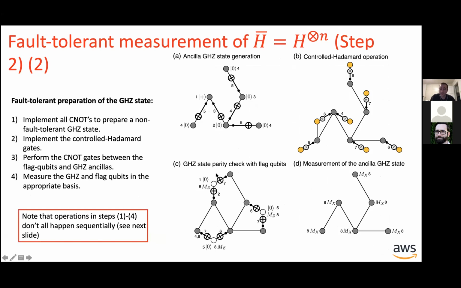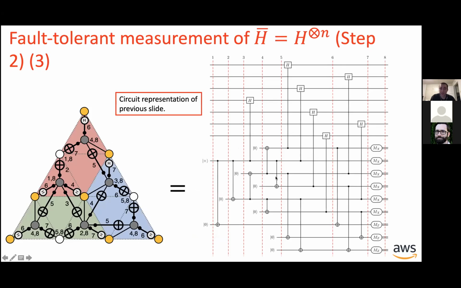This is all done simultaneously, or you're kind of mixing up things in the circuit here. And the point that I want to make here is that the CNOTs are cleverly chosen such that these circuits are one flag, and finding the right sequence of CNOT gates is a highly non-trivial problem, and that's not something that I'm going to have time to describe in this talk, but you can read the paper for more details.